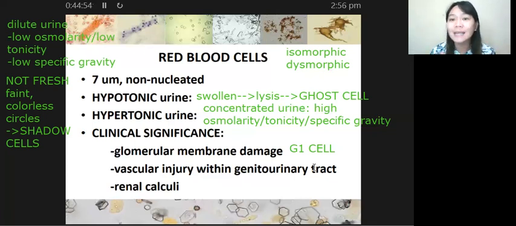They will squeeze themselves through the damaged glomerular membrane or through the endothelium. And this squeezing of your cells through your endothelium, it will result to the formation of protrusions or of blebs.